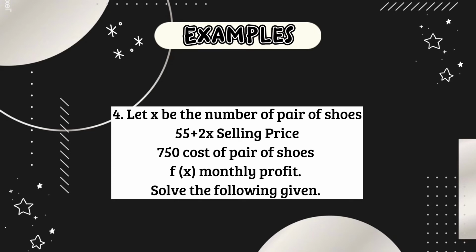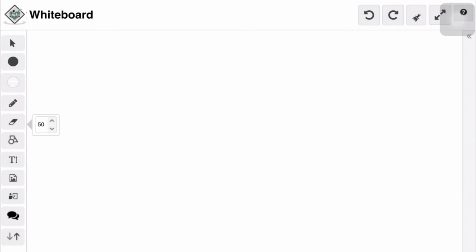For the fourth problem, let x be the number of pairs of shoes, 55 plus 2x as the selling price, 750 the cost of a pair of shoes, and f of x as the monthly profit. So for the next problem, we will first put the given.